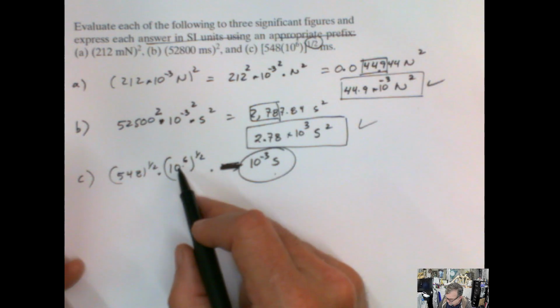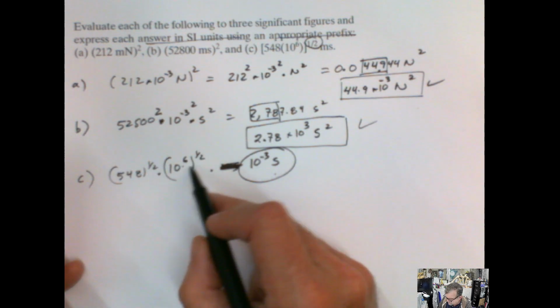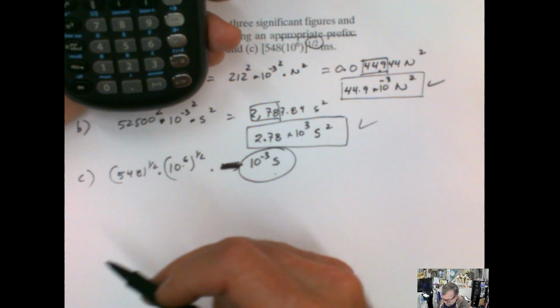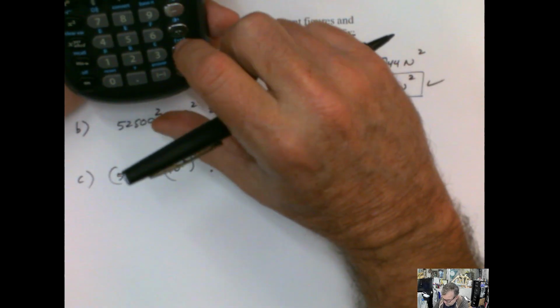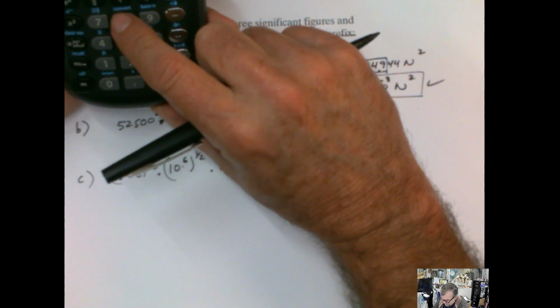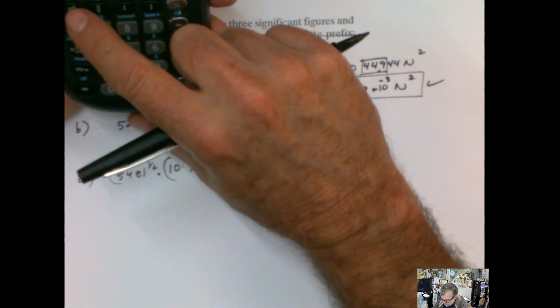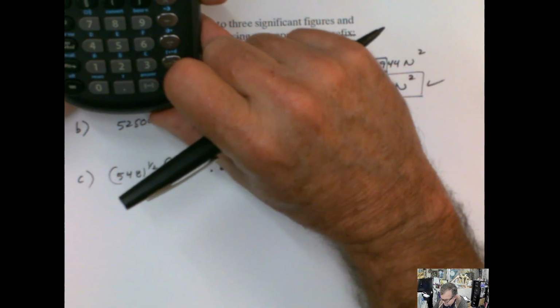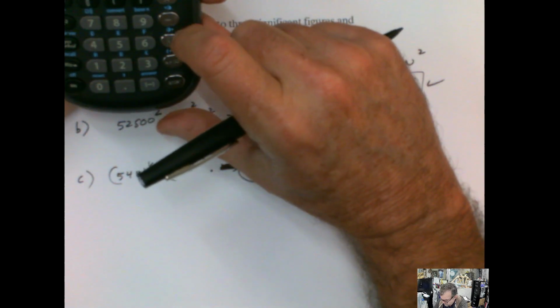So we do this. 10 to the 6 to the 1/2 is basically 10 to the third, and this is the square root of 548. You can put that in the calculator if you want to and solve it, but I like simplifying things. So 548 to the 1/2, and 1/2 is 0.5, so you can elevate it to 0.5 right there.